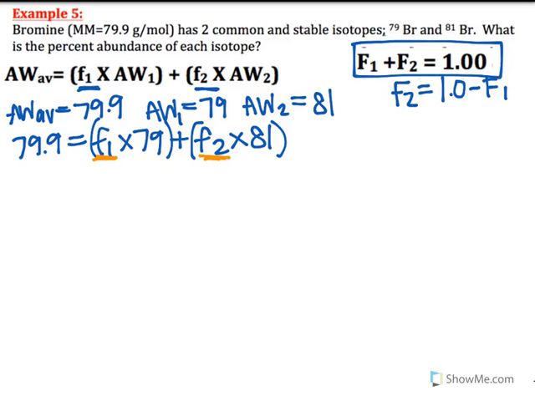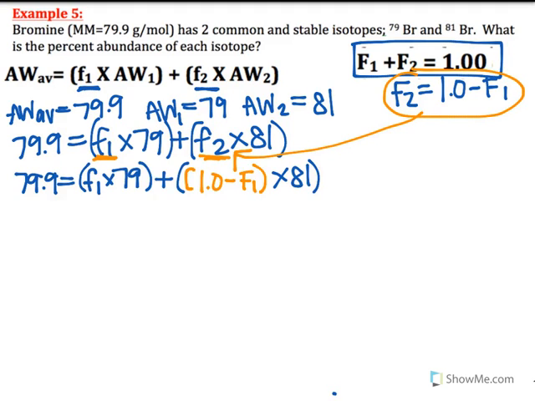And now, we can just plug this into F2. So I'm going to do that right now, where we know that F2 equals 1 minus F1. Now that we only have one variable to solve for, we can again solve it algebraically.